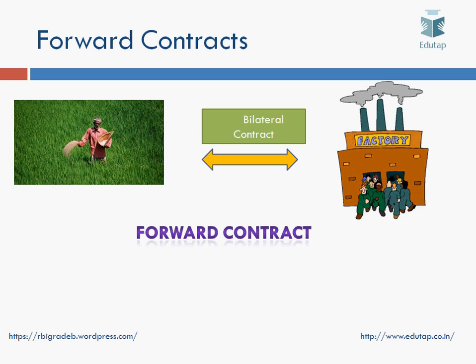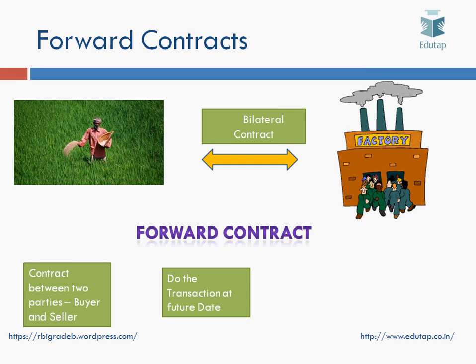Now what are the characteristics of this forward contract? First, this is a contract between two parties, the buyer and the seller, as we discussed earlier. As per the contract, the actual transaction would be concluded at a future date. The date in this example is 30 days from now.